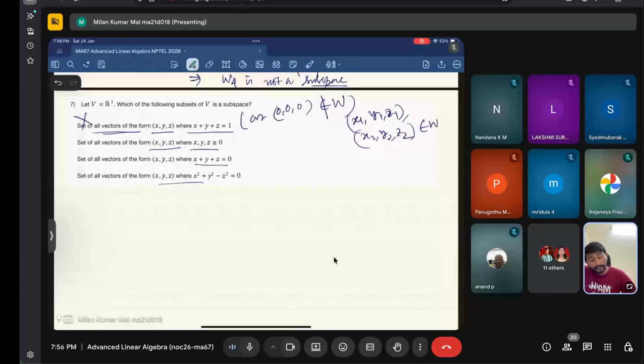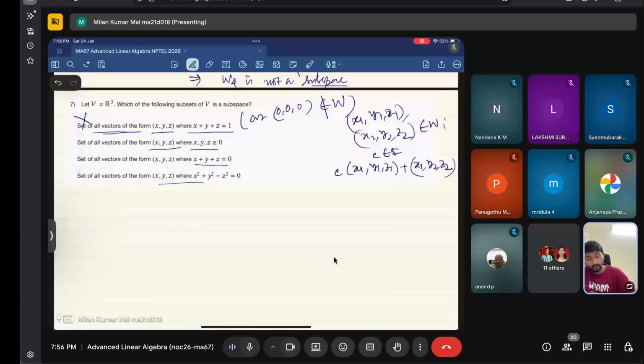Now take c times the first entry plus the second: c(x1, y1, z1) + (x2, y2, z2), where both are in W1.